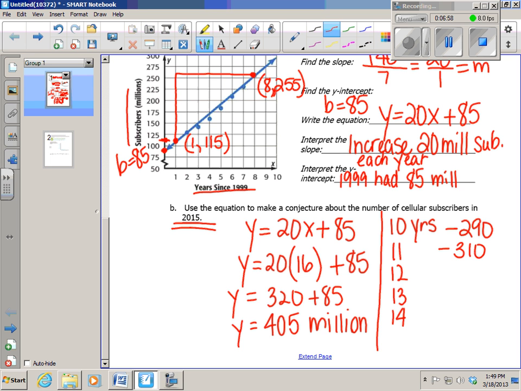So that's 310. And after 12, 330, because you're adding 20 every single time, because that's the slope. That's 350, 370, 390, and so in 2015 you're going to have somewhere between 390 and 410.